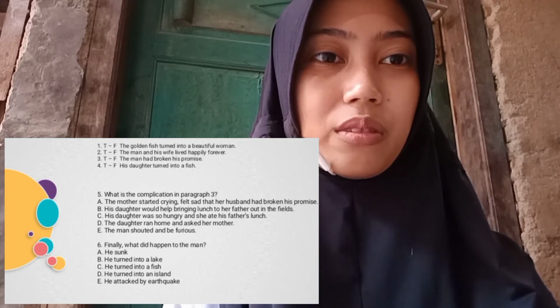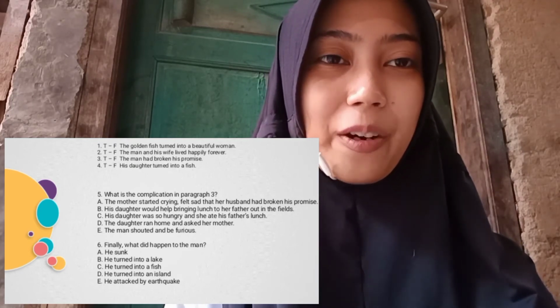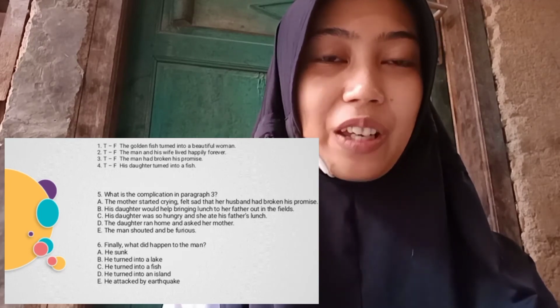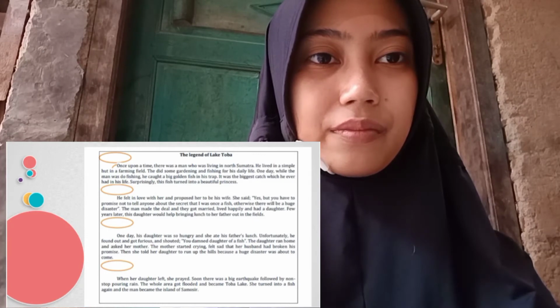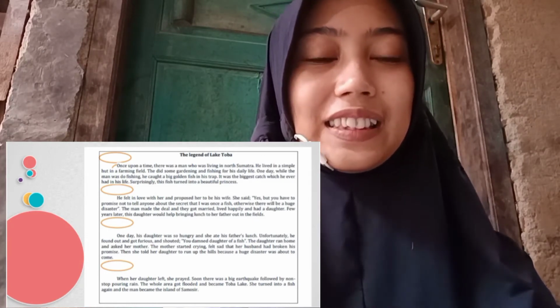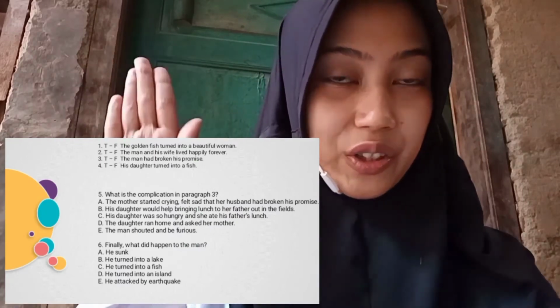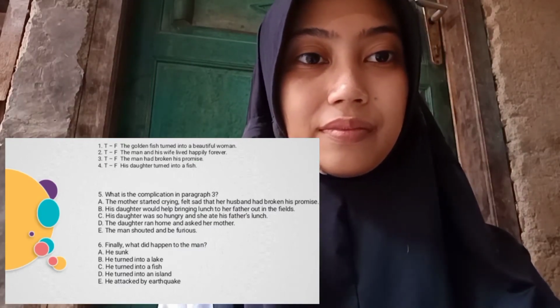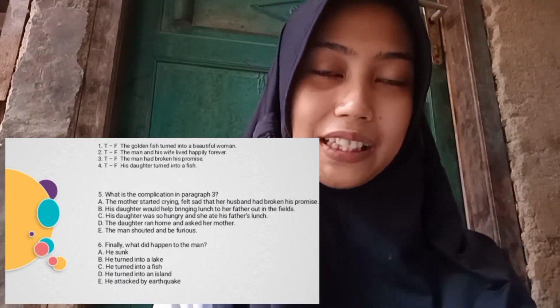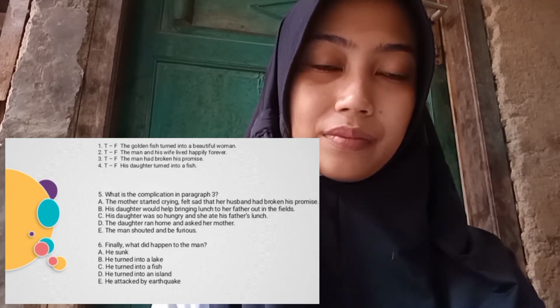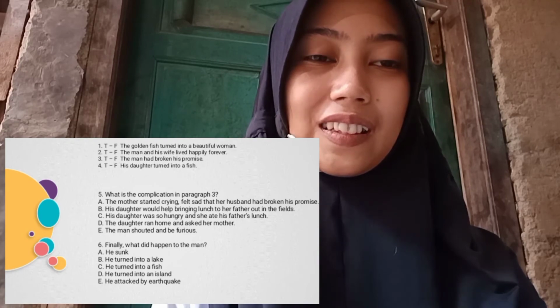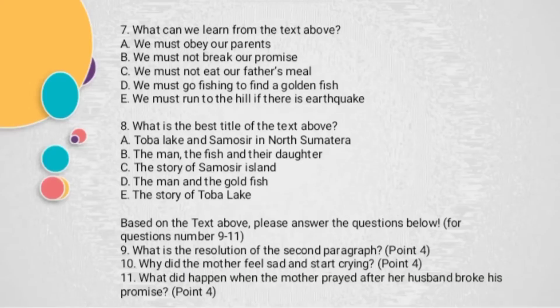Is it in the first paragraph or where? Okay, read it, please. Yeah, that's true. How about number 2? Who wants to answer? Raise your hand. Okay, Malik, please. True or false? False. Alright.